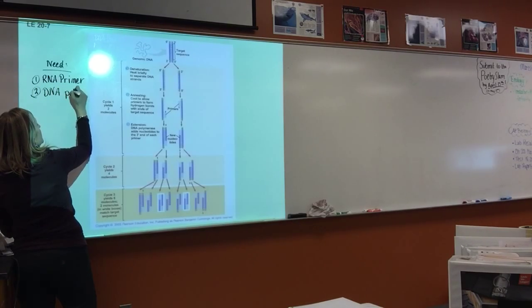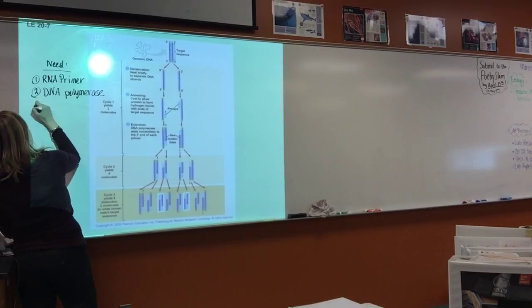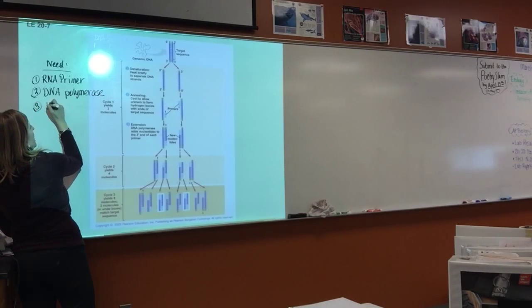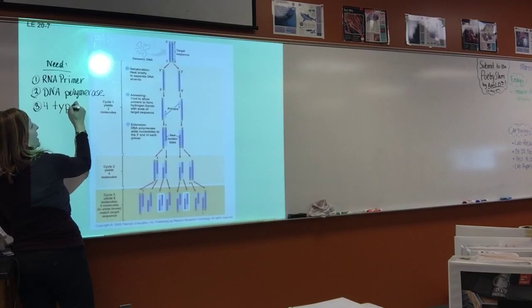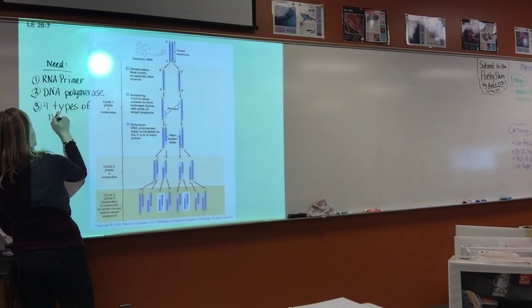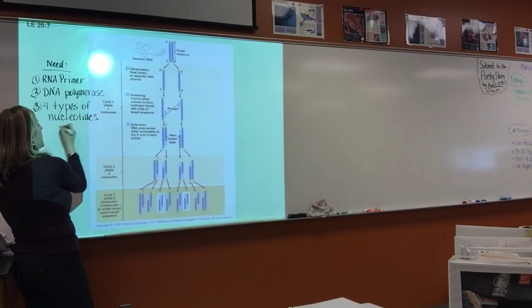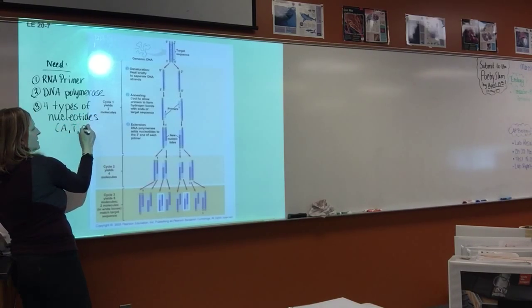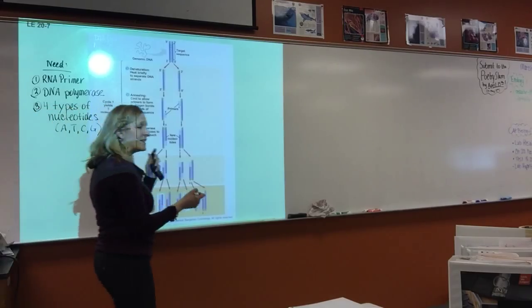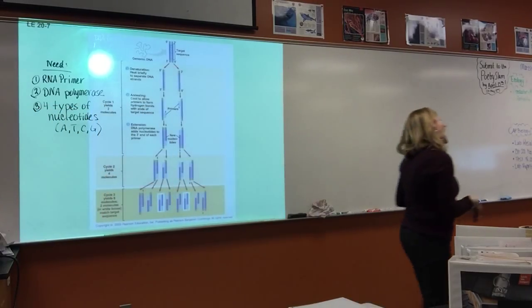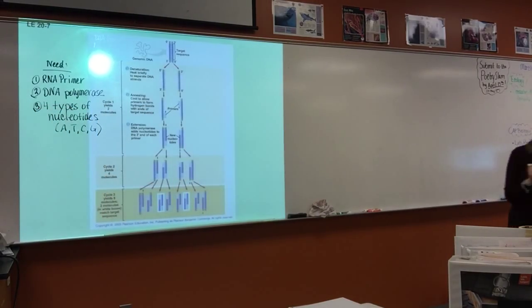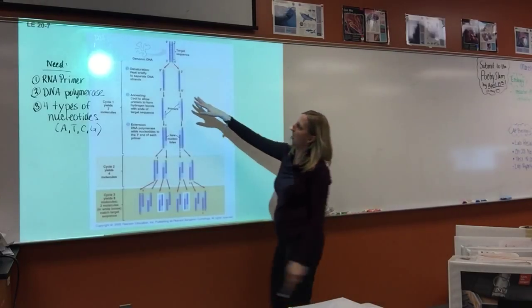Remember, it adds the nucleotides. We need the nucleotides themselves, so we need to add 4 types of nucleotides. What makes each nucleotide different? The type of base that's added, so A, T, C, or G, and so on. So basically, we're putting in this machine everything that's needed for DNA replication, and look at what happens here.